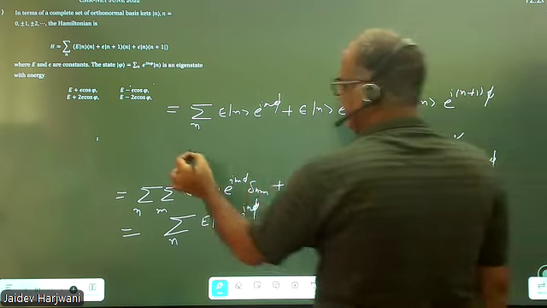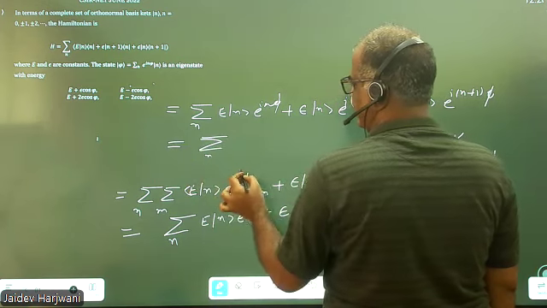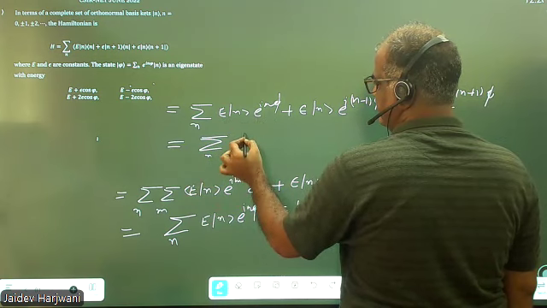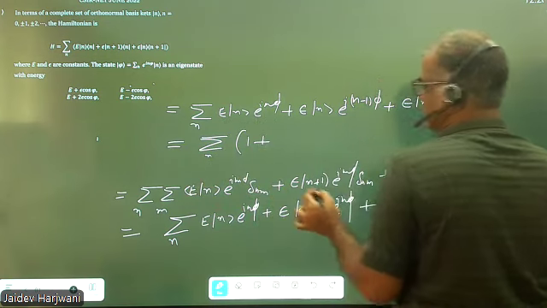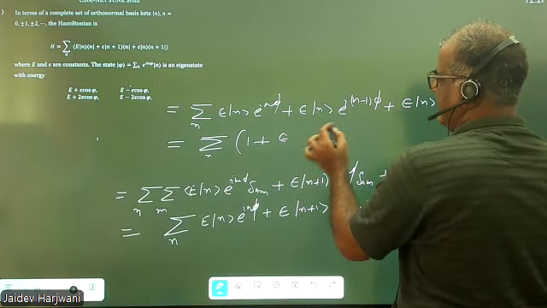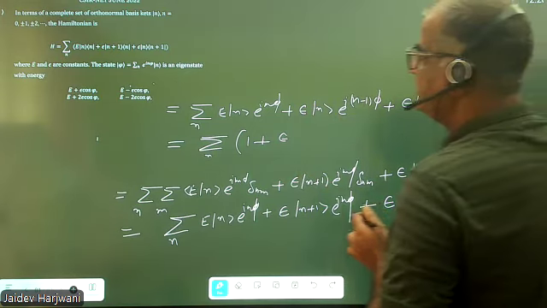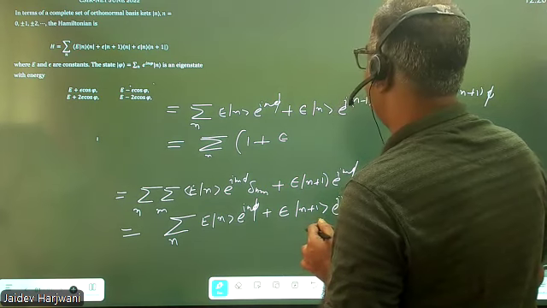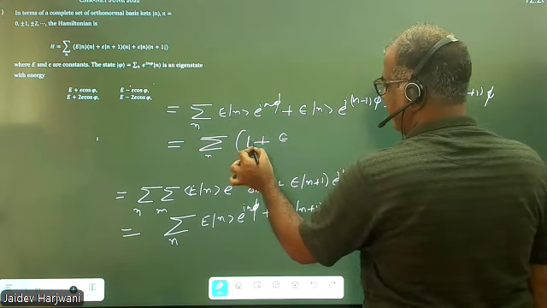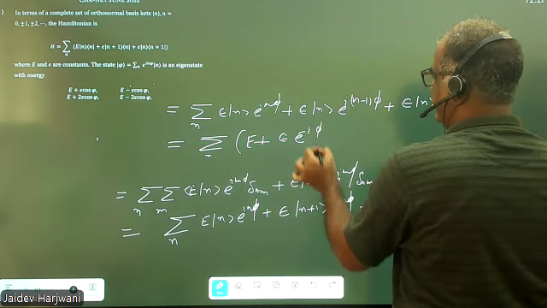Now just one more step. I can write this state by taking e to the power i n phi common. So this will give me E, and I'm taking e to the power i n phi common, and here you will get e to the power minus i phi.